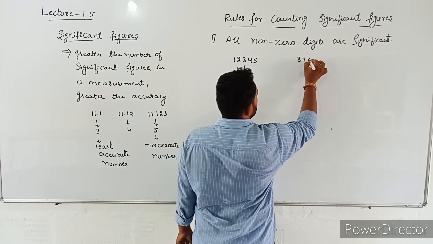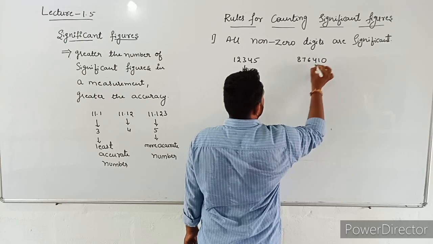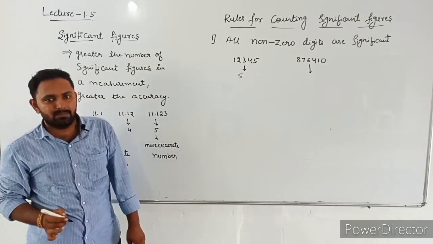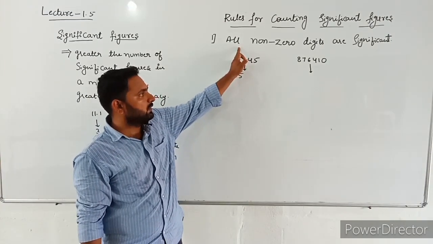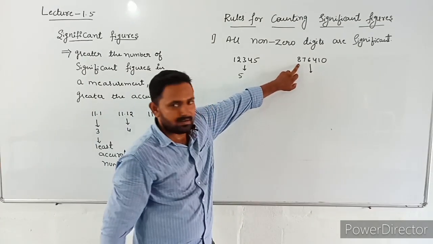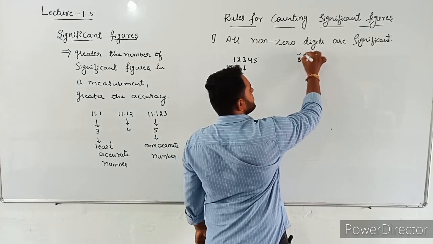Okay, one more example. 8, 7, 6, 4, 1, 0. Now tell me how many significant figures are present in this number? According to the first rule, all non-zero digits are significant. This is non-zero, it is significant.